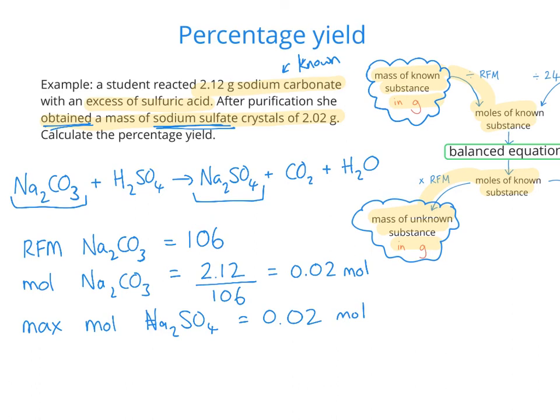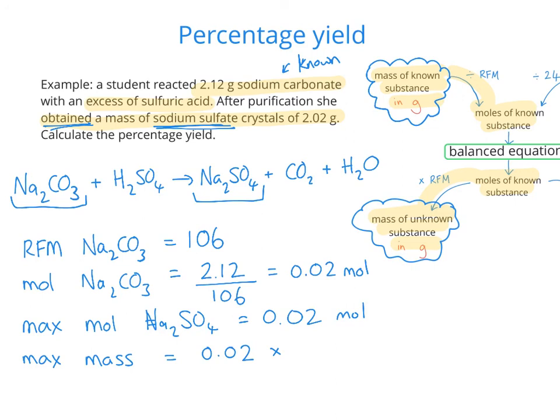I've now got moles of my unknown, so I can work out the maximum mass. So before we just called this the mass because we weren't told anything about how much mass was actually obtained. So my maximum mass is going to be moles, 0.02, times by RFM. Need to do a stop here and work out the RFM, the MR, mass of 1 mole of sodium sulfate, because it's not going to be the same as sodium carbonate.